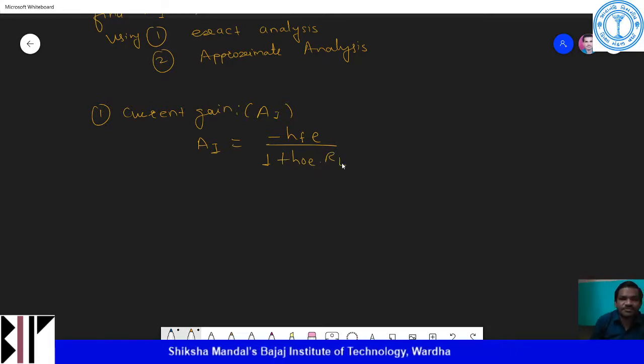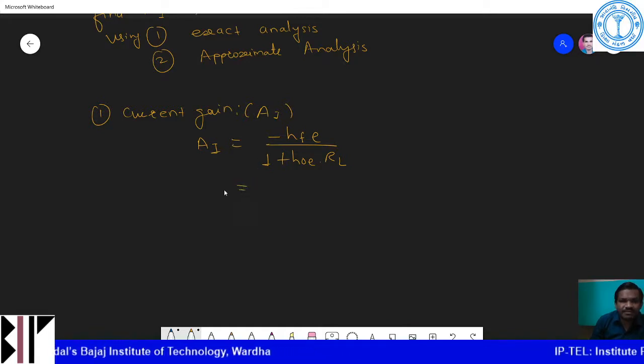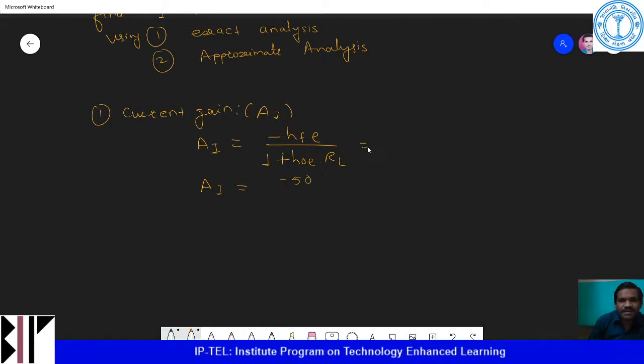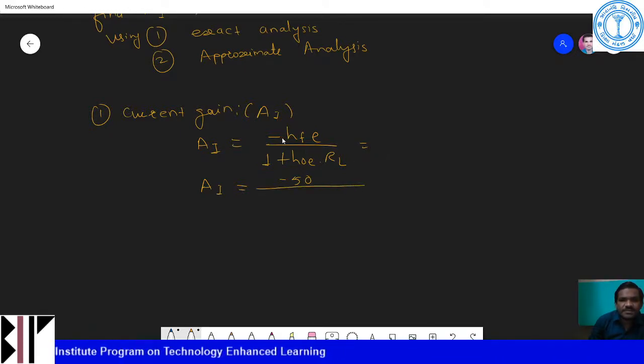If you have calculators and all the values are with you, you can directly calculate and write the value, so no need to write each and every value.